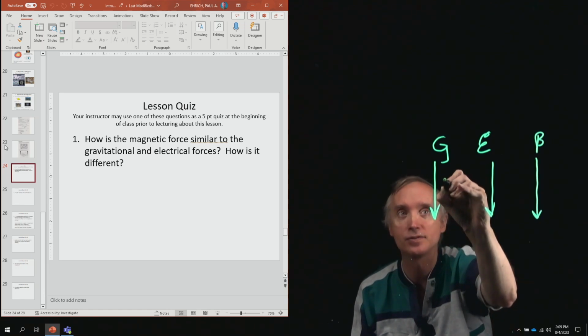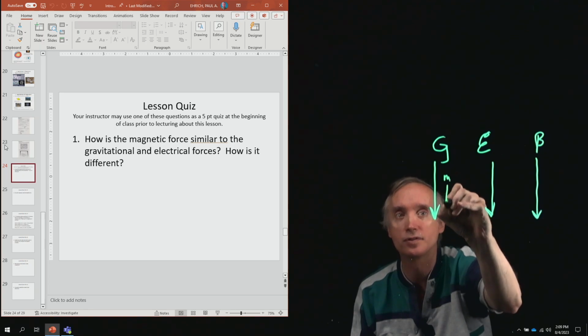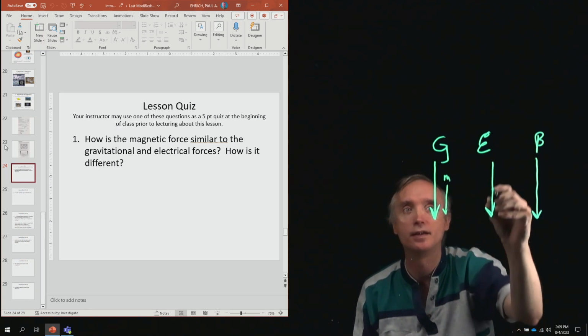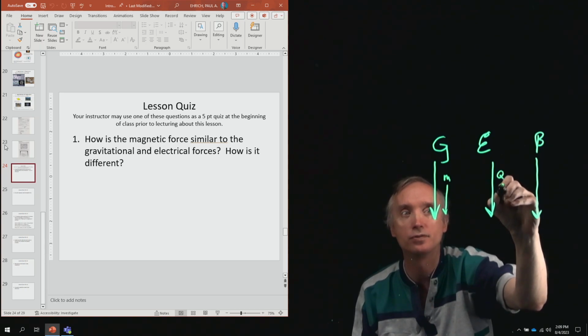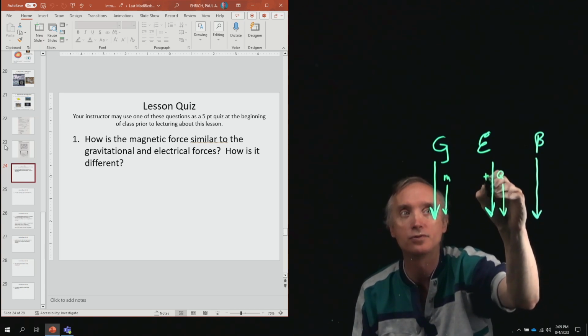So mass in a gravitational field is going to be pulled down, and then charge in the electric field is going to be pulled down if it's a positive charge.